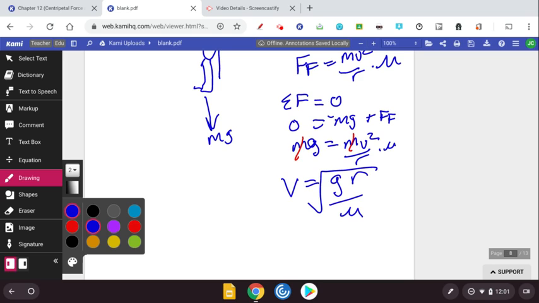Now, this also allows us to go back to that bank curve equation, because in reality, what this is is a bank curve at 90 degrees.